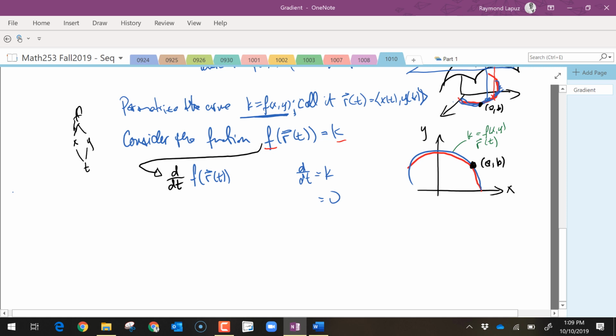According to this chart, it's going to be the partial of f with respect to x times x prime of t plus the partial of f with respect to y times y prime of t. These should probably be considered as evaluated at some special points, but let's worry about that later. Anyways, from the chain rule, we pull out the partial derivatives.